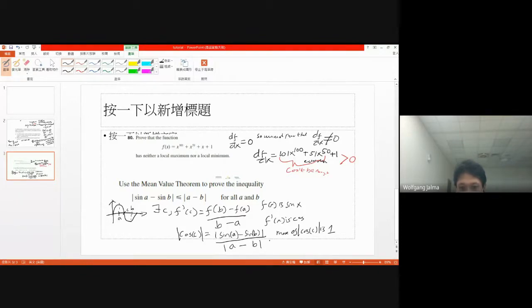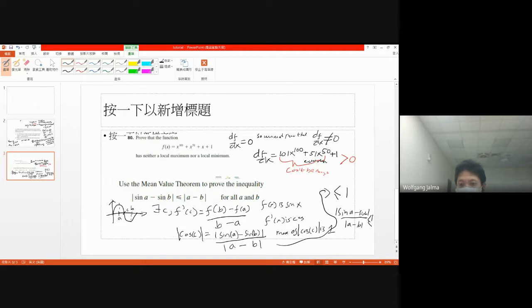So we have that this value must be smaller than or equal to 1. So sin A minus sin B divided by A minus B must be smaller than or equal to 1.